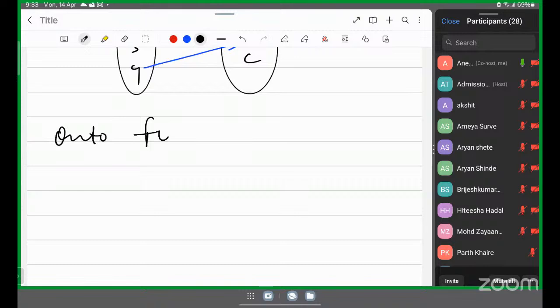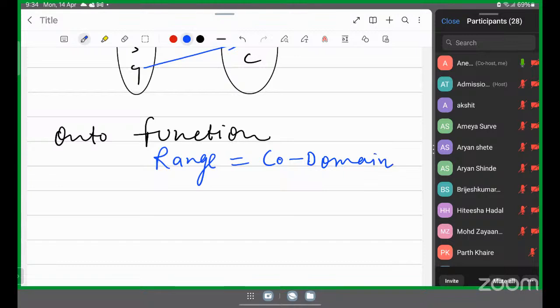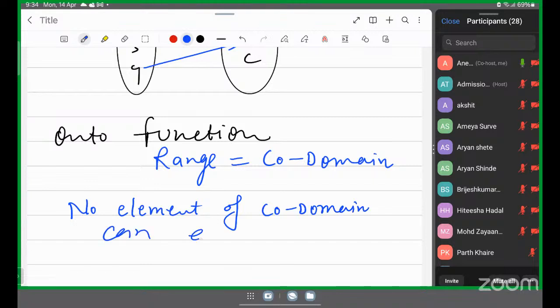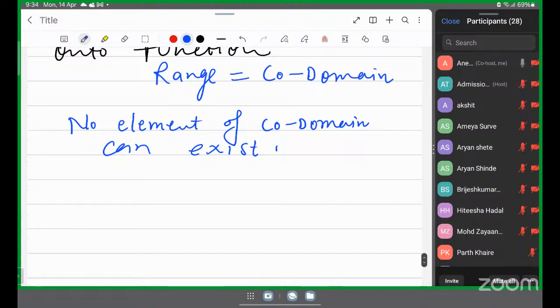Then we have onto. Onto function is a function in which range will be exactly the same as codomain, which means no element of codomain can exist without preimage, which means each element of codomain will have at least one preimage.